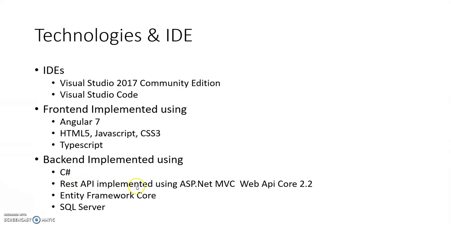REST APIs are implemented. Entity Framework is a library which can connect SQL Server and this REST API. So using that, our data are stored through Entity Framework to SQL Server.